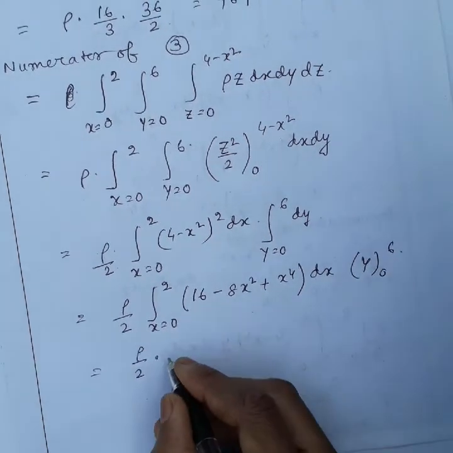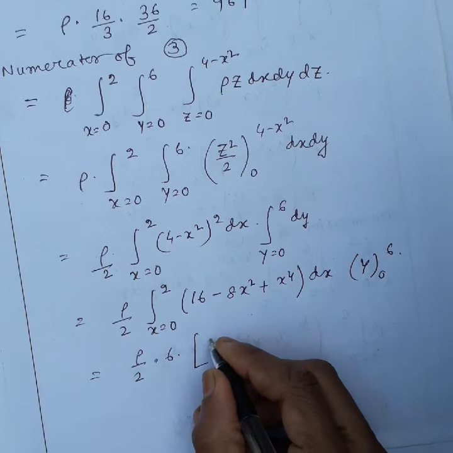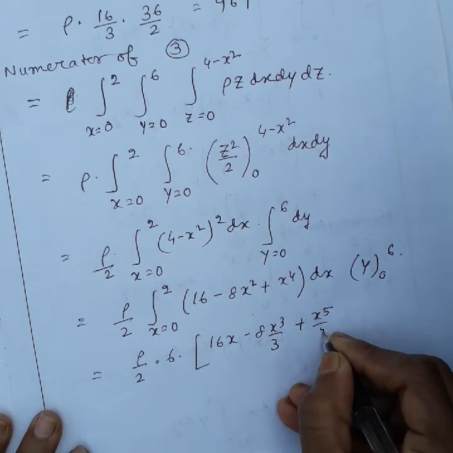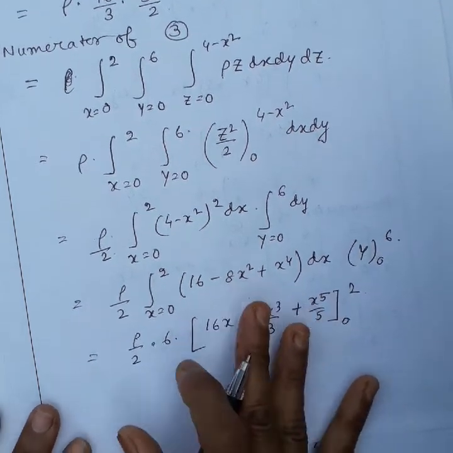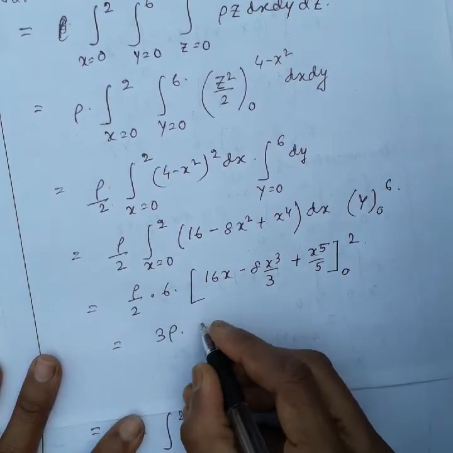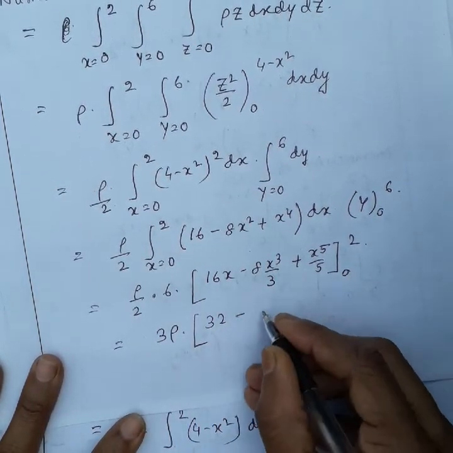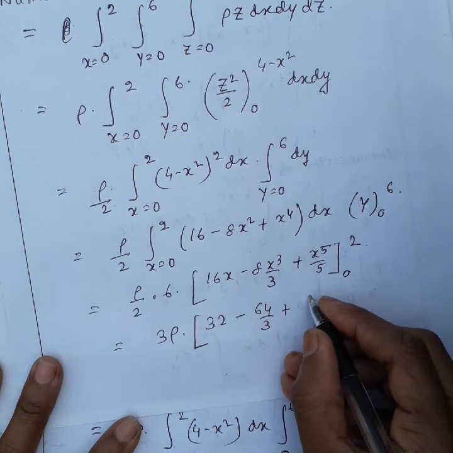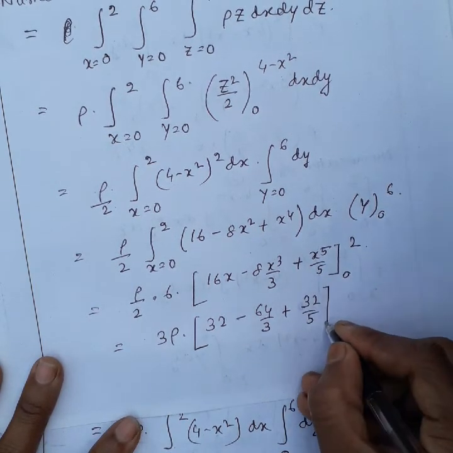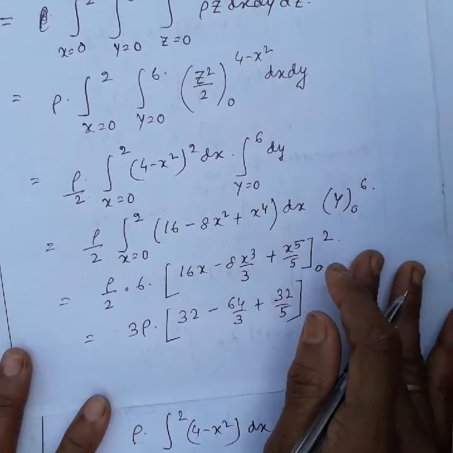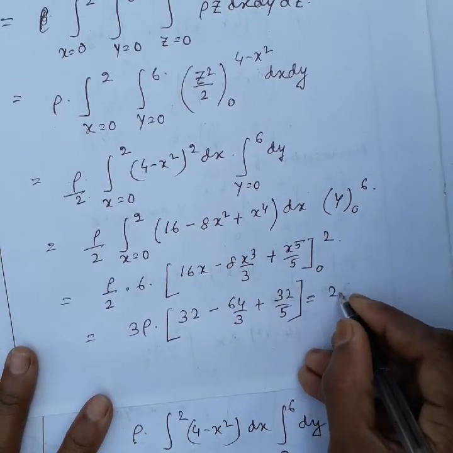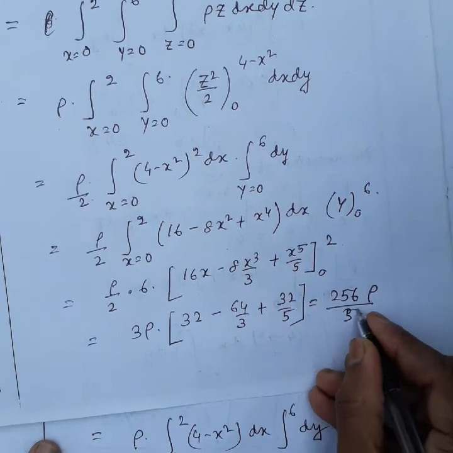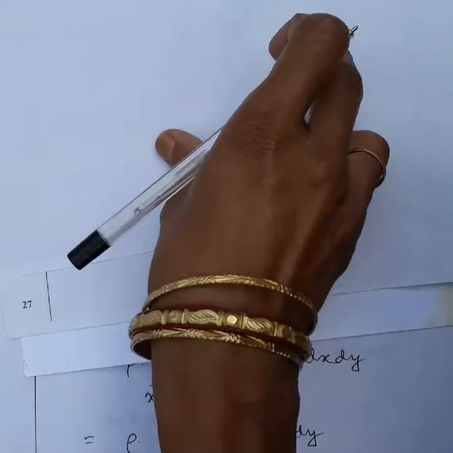So it is rho by 2 into 6 and the integration of this is 16x minus 8x cube by 3 plus x to the power 5 by 5 from 0 to 2. So that is equal to 3 rho into 32 minus 64 by 3 plus 32 by 5, which is equal to 256 into rho by 5.